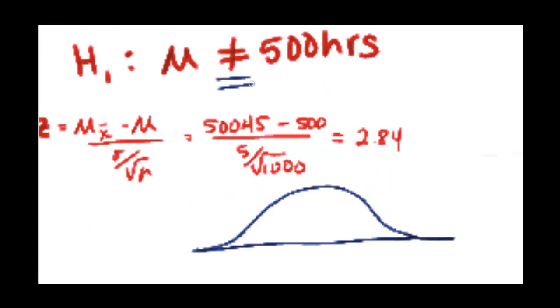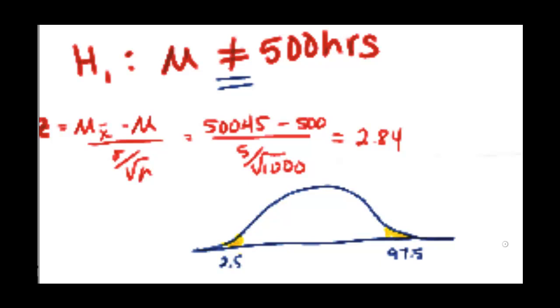Because of the not equal to. So what we do is we know that this is going to be 2.5, and then if we do 100 minus 2.5, the other end of the rejection region, it's going to be 97.5 or 0.975, however you want to do it, proportions, percentages, whatever makes you happy.